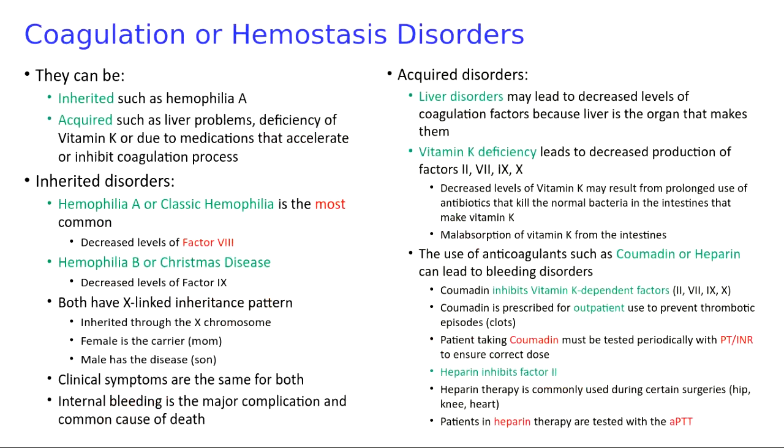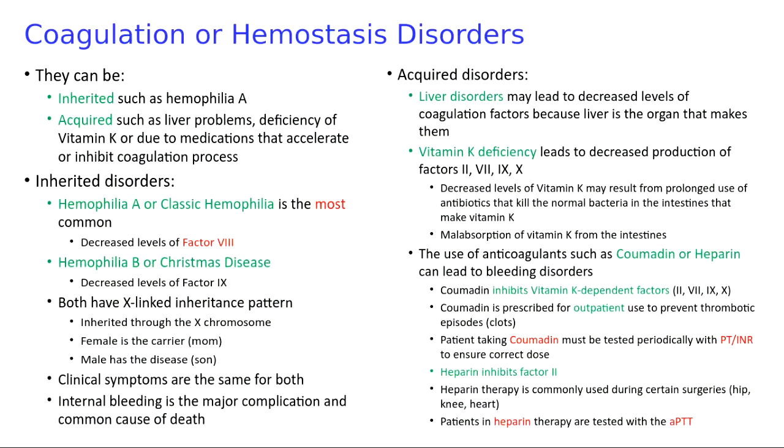Then coagulation disorders. This can be very complex, but we only have very basic information here. Remember that I told you about the hemophilias? We can have acquired disorders or inherited disorders.